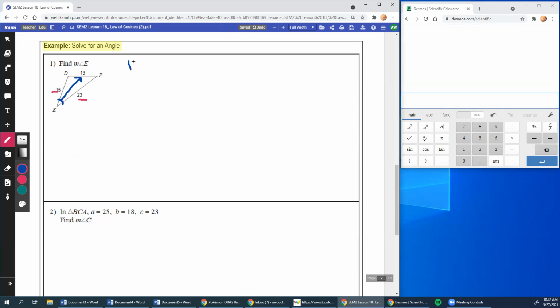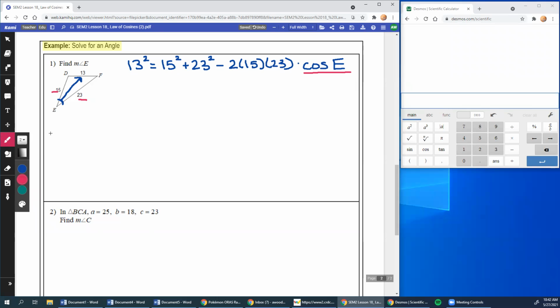So we're going to have 13 squared is equal to 15 squared plus 23 squared minus 2 times 15 times 23 times cosine of E.